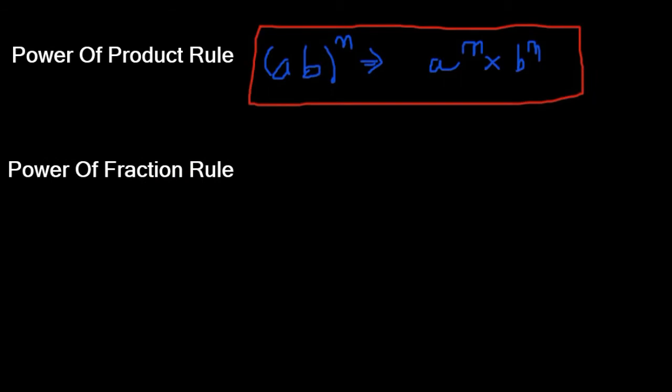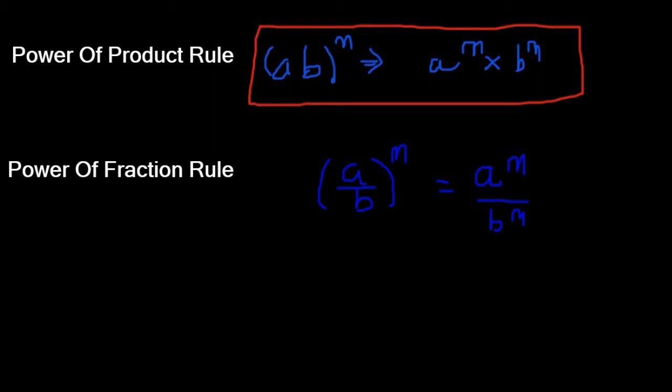The power of fraction rule is exactly opposite to the power of product rule. So now let's write its general form. Its general form is a by b the whole power m gives us a power m divided by b power m.